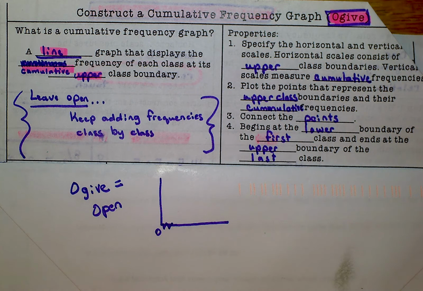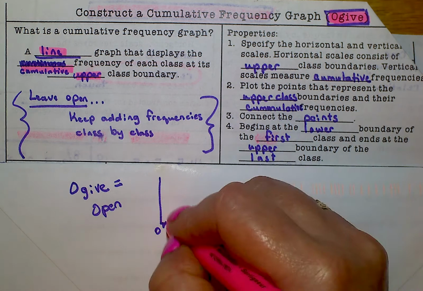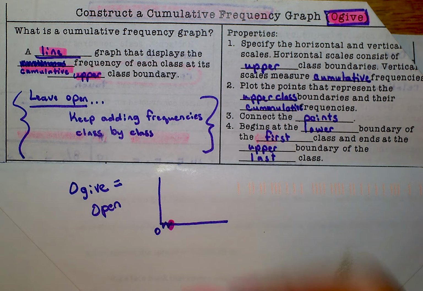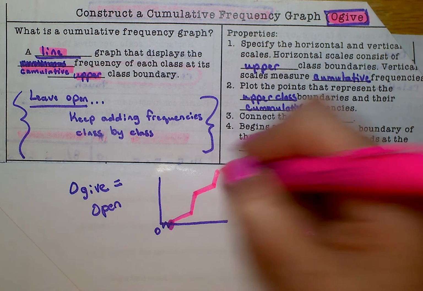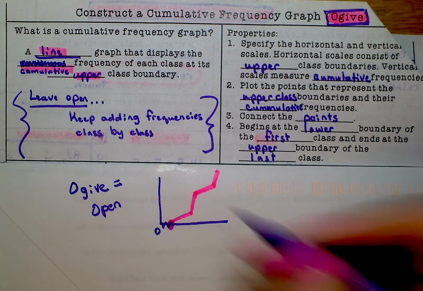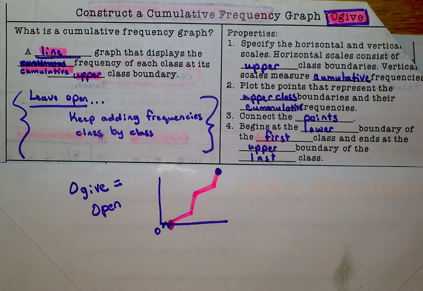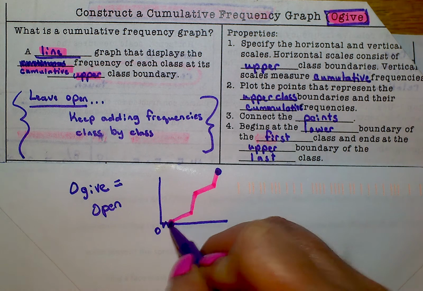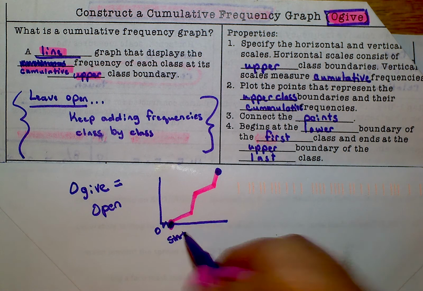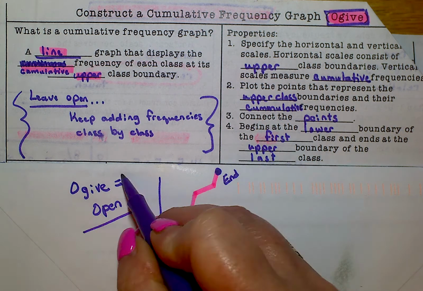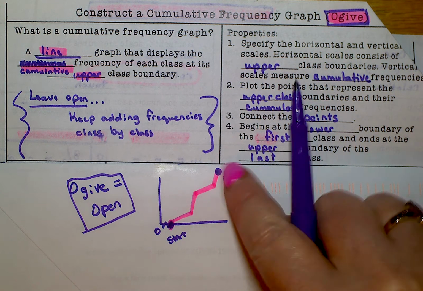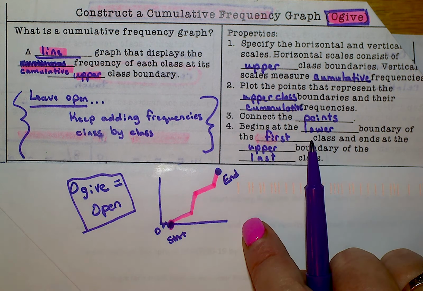But you always start your ogive at the x-axis, okay? And what happens is you get these segments. And when you get these segments, they're just going to continually go upward. They might have a different slope, but they're going to continue upward. And then you're going to have a point there where it ends. So you're always going to start, okay? And then it's going to end somewhere up in the sky because it's open. It's not going to come back down and close. Okay.